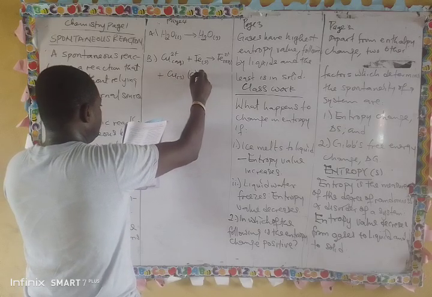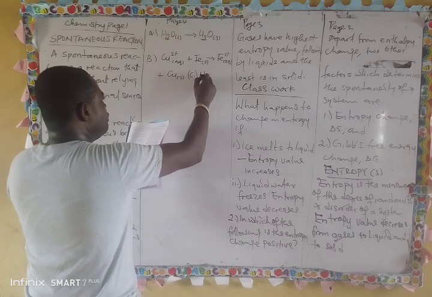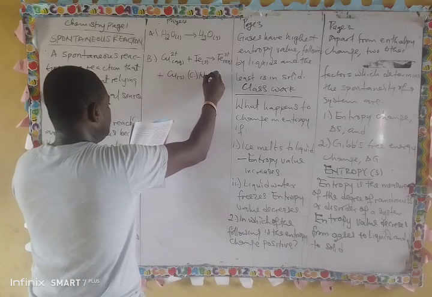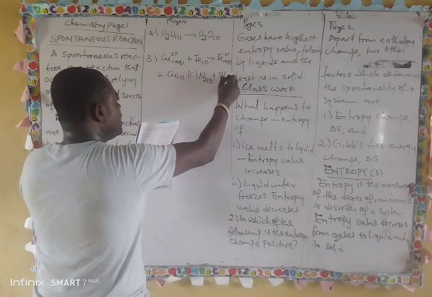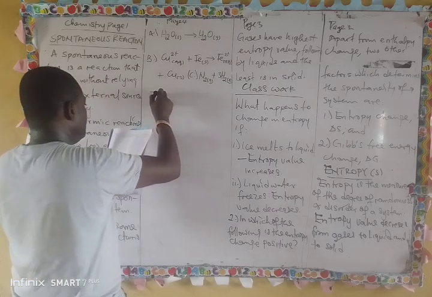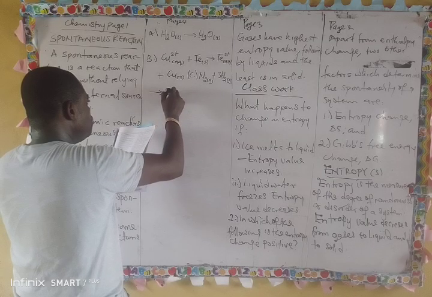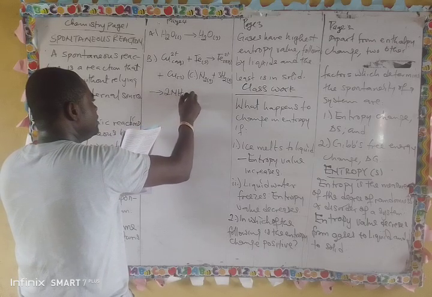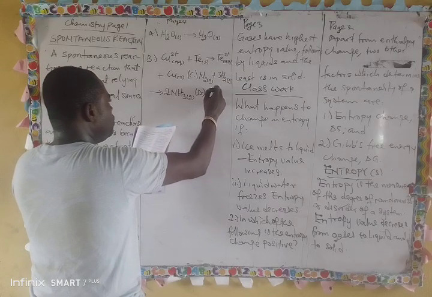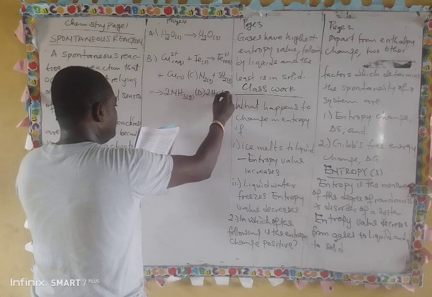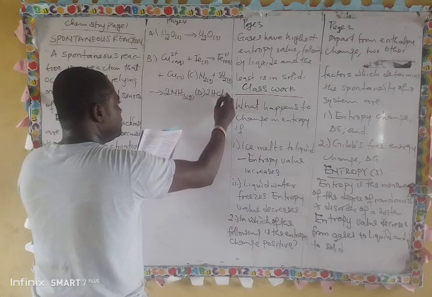C, N2 gas plus 3H2 gas equals 2NH3 gas. Option D, 2HCl solid and gas.